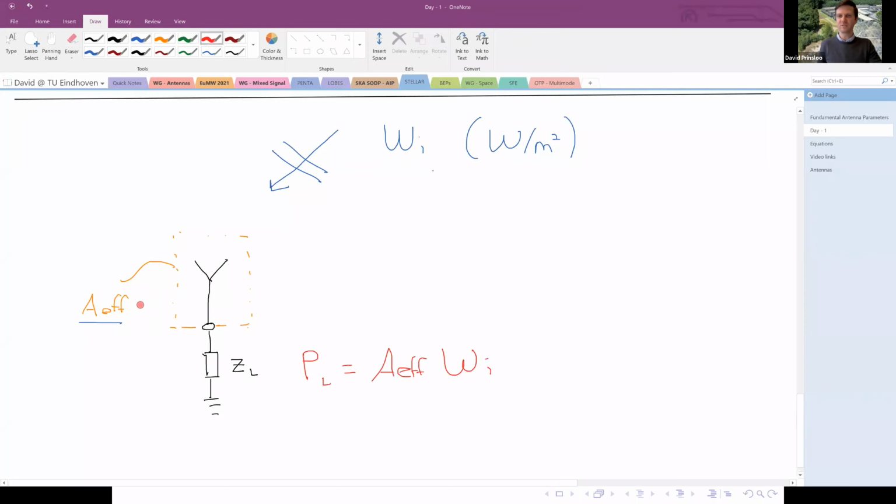So obviously effective area is in units of meter squared. So we have watt per meter squared incident on the antenna multiplied by the effective area of the antenna gives us the power that is in the load. Very important is that we are assuming that this load is conjugately matched to the antenna.